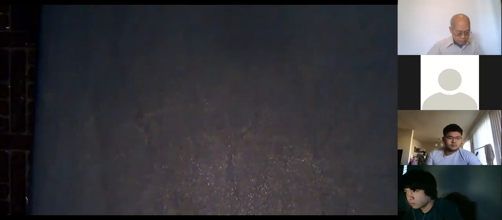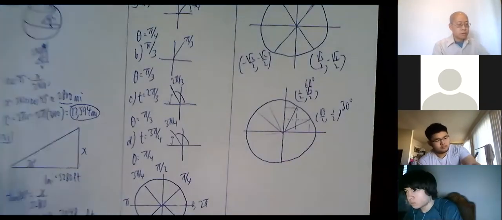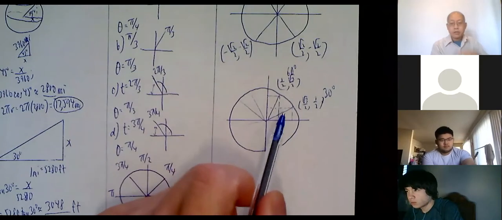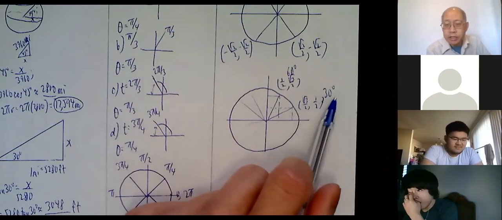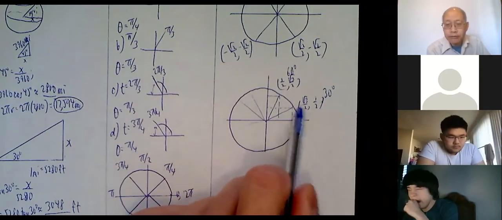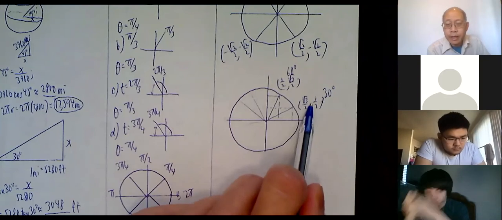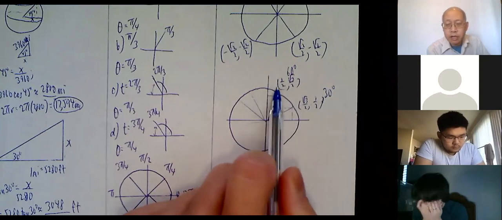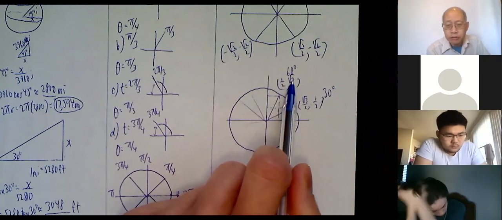That's that. And I'll show you my version of it also. I gave this to you before, but 30 degrees, radical 3 over 2, 1/2. 60 degrees, the reverse, 1/2, radical 3 over 2.